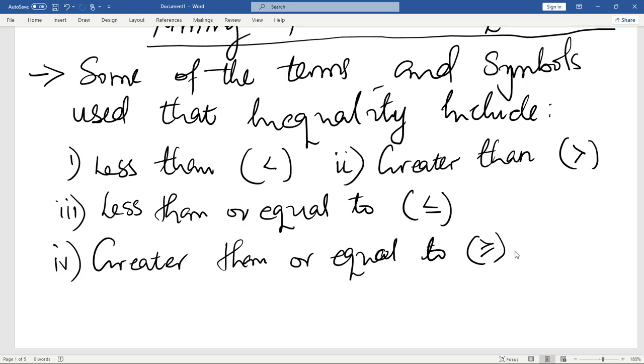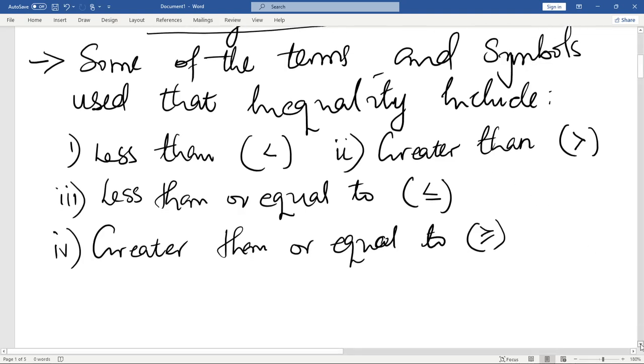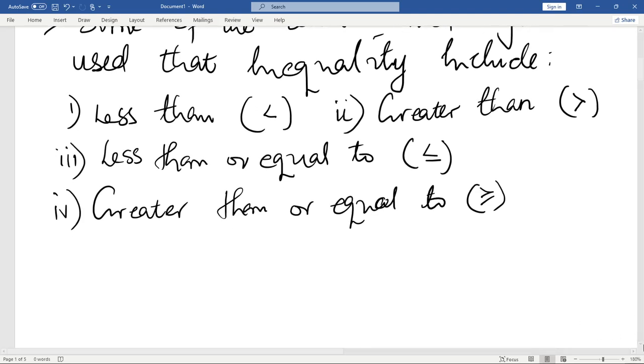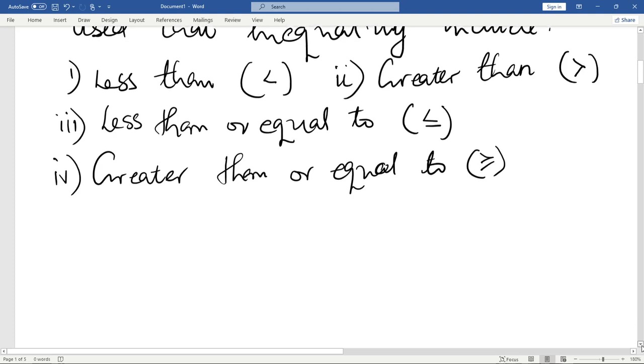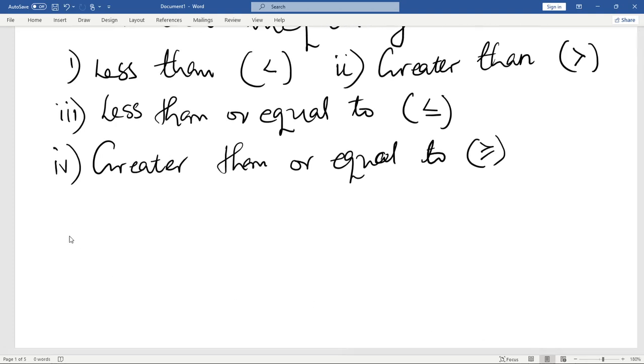These are not the only terms that we can use. There are other words that are used, for example at least, at most, not more than, and more than, just like that. So here we include other terms.